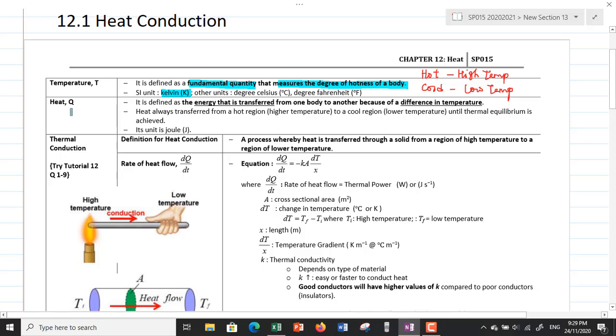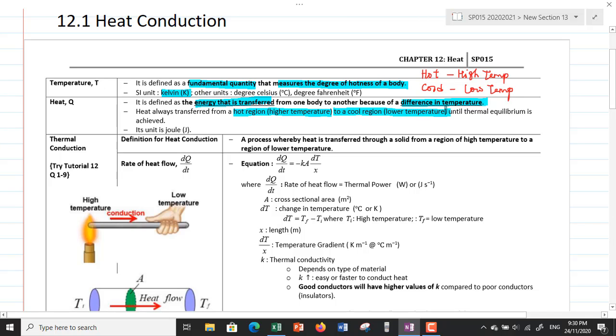The second term that we need to recall is heat, Q. Heat is defined as the energy that is transferred from one body to another because of a difference in temperature. Heat will always transfer from hot regions, high temperature, to cold regions, low temperature, until thermal equilibrium is achieved.